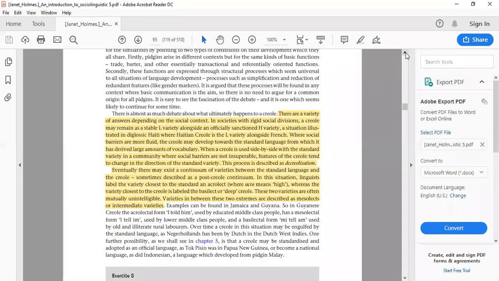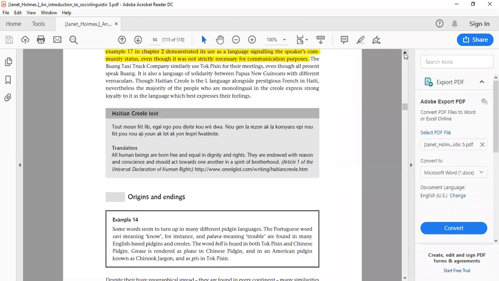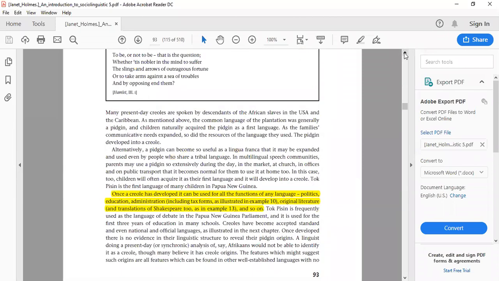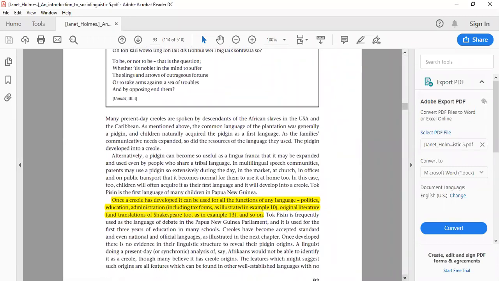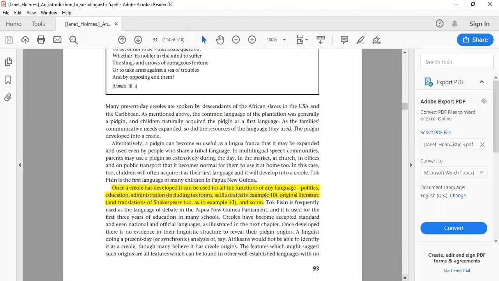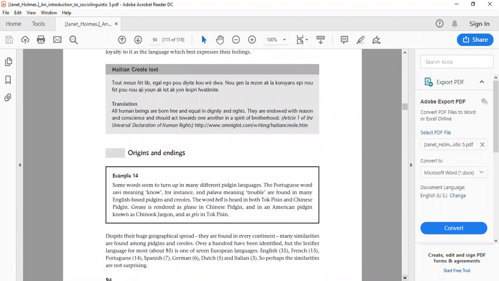Go down, ma'am. Where you have highlighted the decreolization in the post Creole continuum.